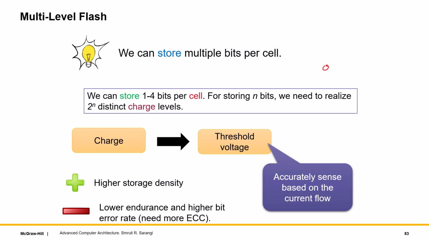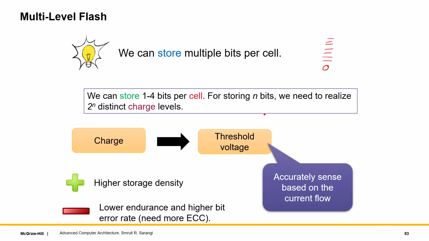One of them, of course, would be no charge. But then you would have 7 different densities of electrons in the floating gate transistor. And then you could have different enabling voltages and figure out what exactly is the concentration of electrons in the floating gate transistor, and based on that figure out the logical value that is stored.